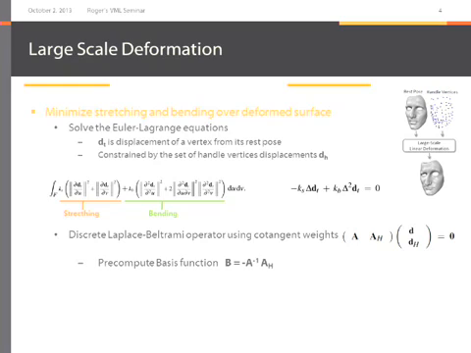So since all this data just depends on the rest pose, we can pre-compute this in this case. And then the solution just comes from a new displacement of the constraint handles. Then we can just obtain the new displacements by simply multiplication.